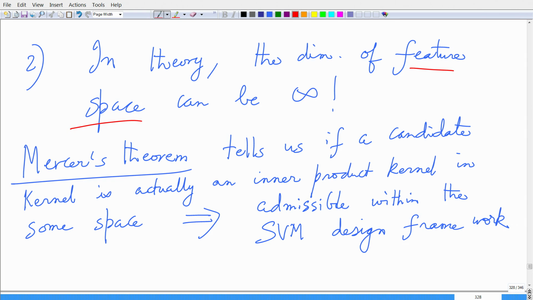Mercer's theorem tells us if a candidate kernel is actually an inner product kernel in some space, because it has to satisfy certain properties for being absolutely and uniformly convergent. And if it satisfies the Mercer's theorem conditions, then it is admissible within the SVM design framework, and that is a very important link.